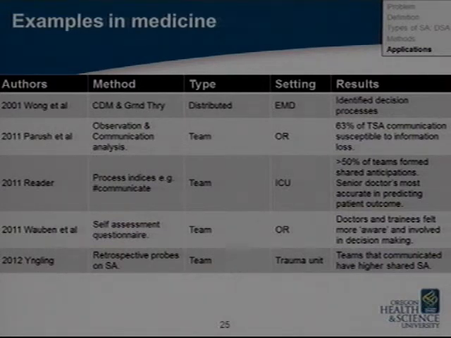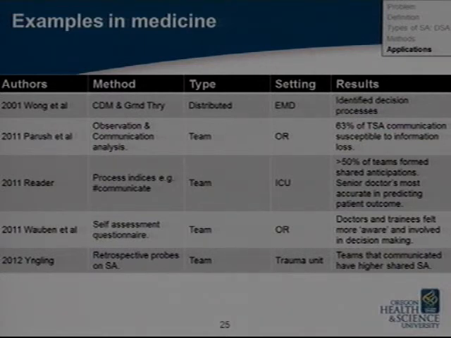Reader measured process indices such as frequency, communication, and team huddles to see if they predicted convergent or divergent team situational awareness. They operationalized this concept as whether the team was able to have the same predictions of what would happen to the patient after 48 hours.